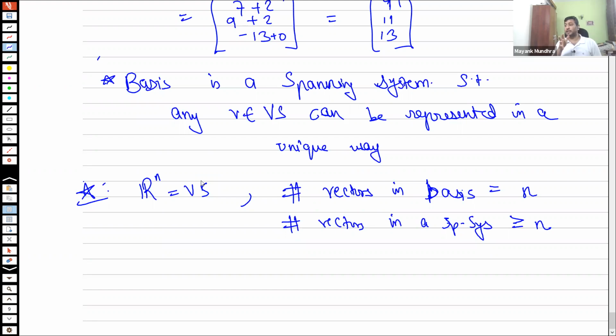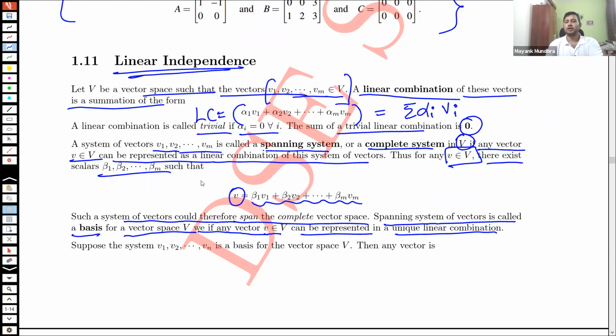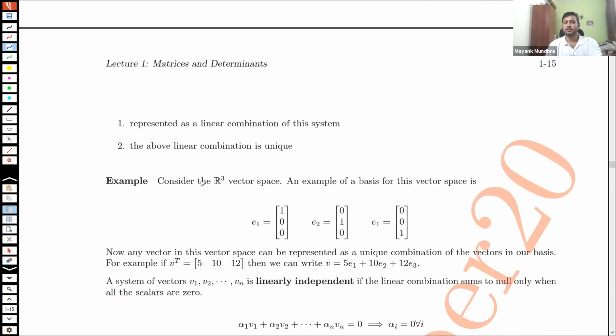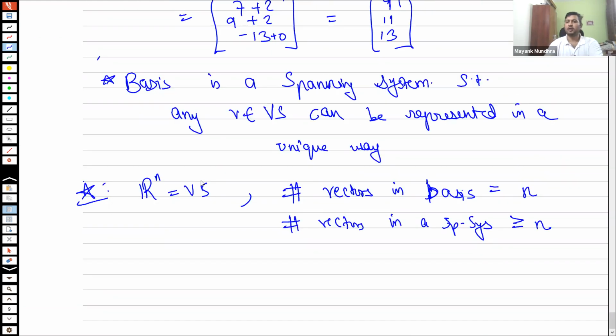Coming back to the topic at hand. So the number of vectors in a basis has to be n, whereas the number of vectors in a spanning system has to be greater than or equal to n. Now, another requirement is that the vectors in a basis need to be independent.